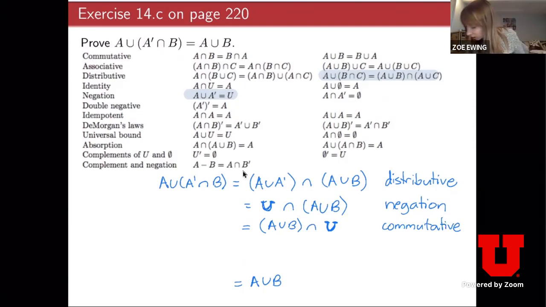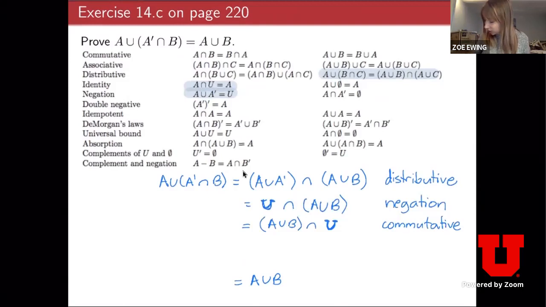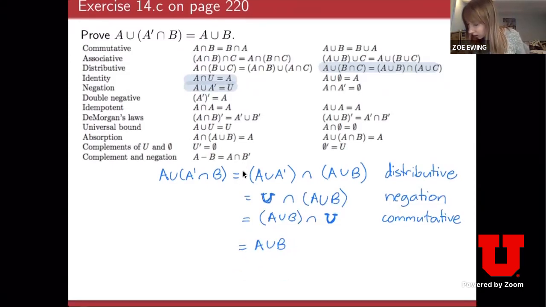So let's see, where did it go? There we go. So we know that anything intersect with the universal set is just itself. So let's move this up here.